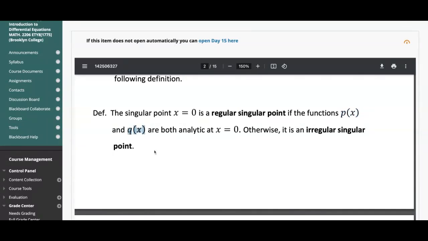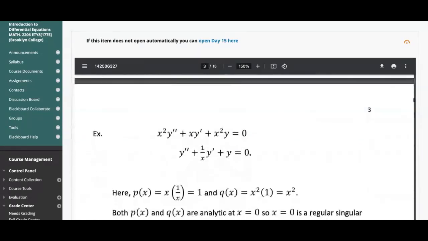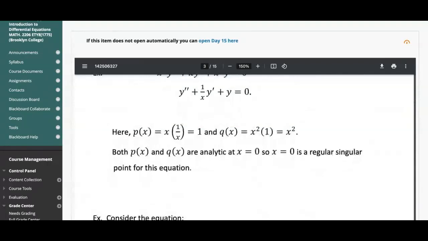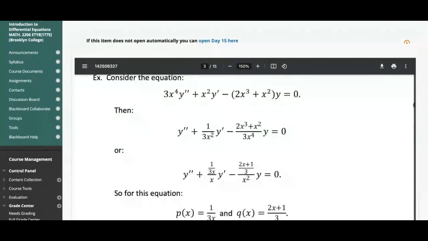Lowercase q is x squared times capital Q. So this is to say, when we multiply by x and x squared, if they become analytic, we call it a regular singular point. And if it's still not, we call it an irregular singular point. So dealing with this, we have the Frobenius method.